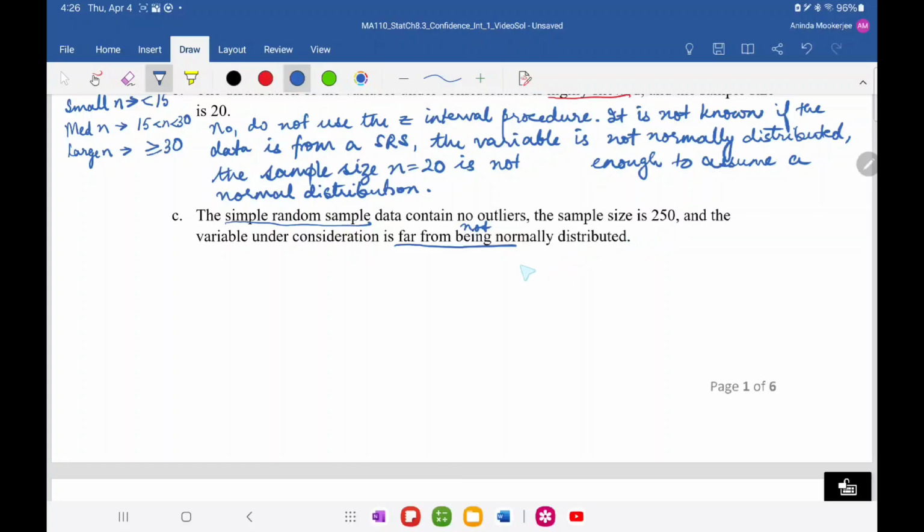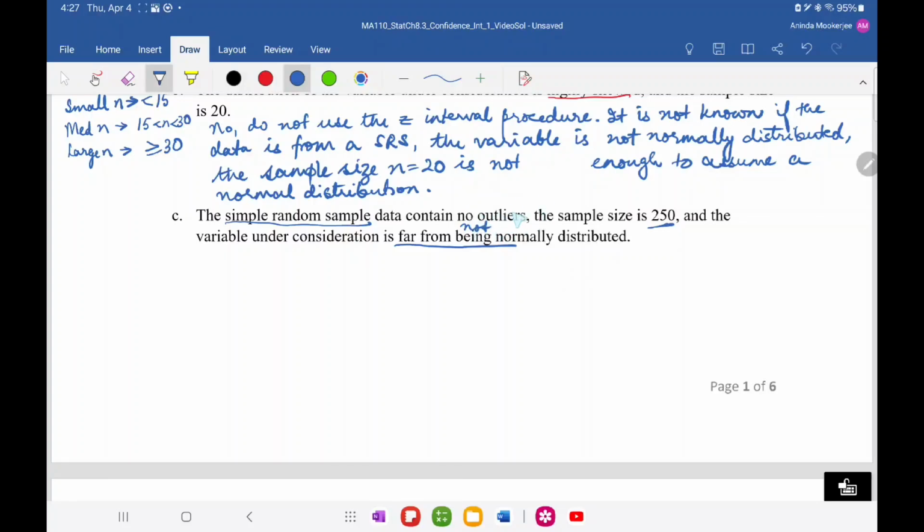When the variable is not normally distributed, check the sample size. If the sample size is large enough, greater than 30, then you can assume it's going to be normally distributed. Here the sample size is 250, so you can assume that.